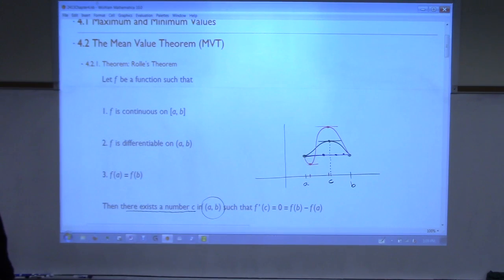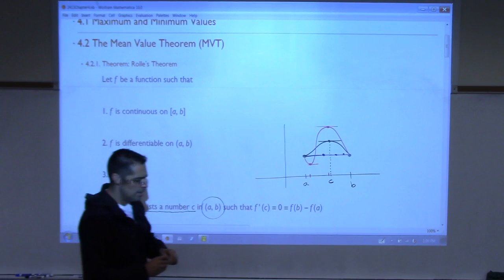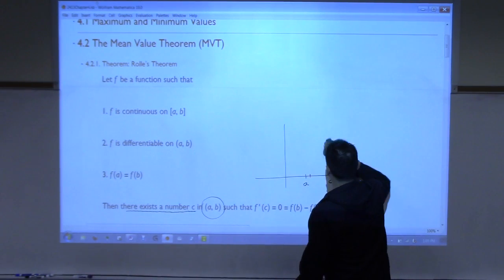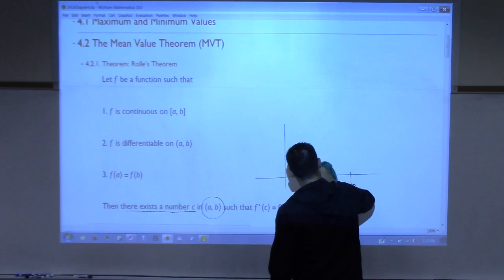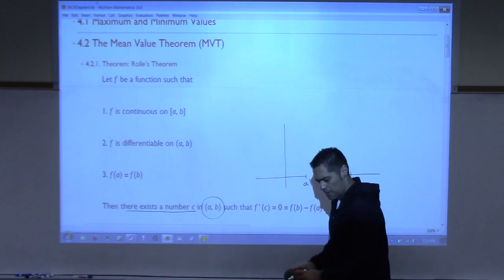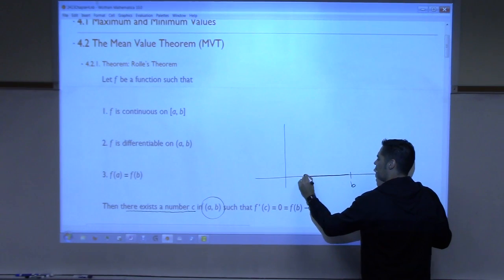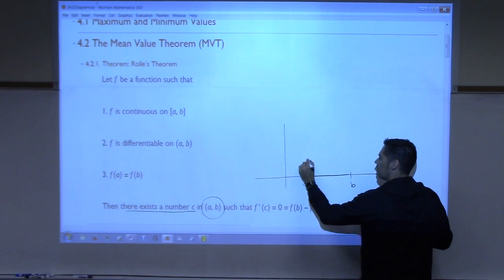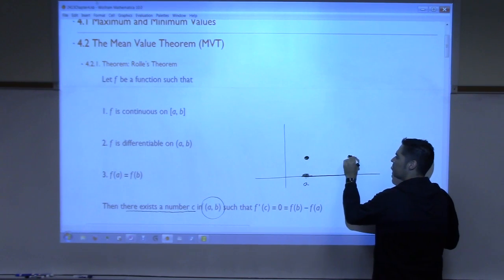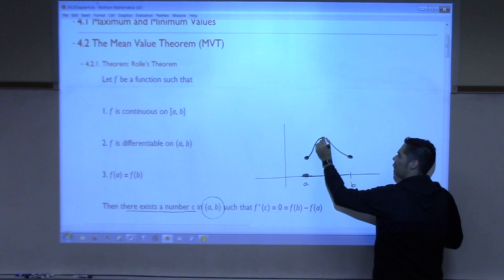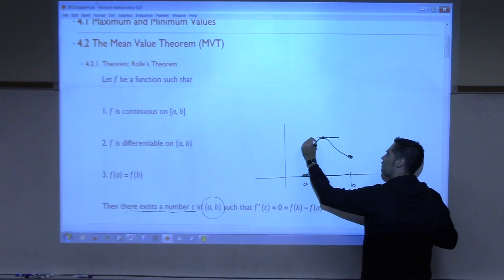Does that make sense? Okay, so I'm going to erase this and draw it again because I want to illustrate something. Remember this: two endpoints, same value. I go up, come back down, there we go. Then I have here the slope of the tangent line is 0.